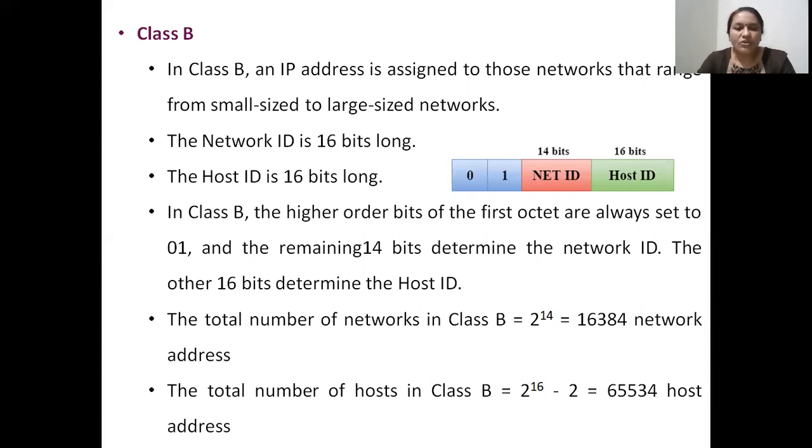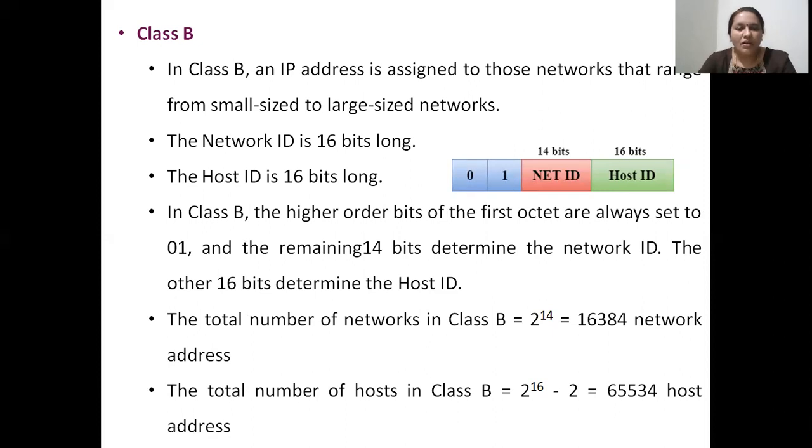So it can generate a total of 2 power 14, that is 16,384 unique network addresses in class B, and the total number of hosts which can be addressed in class B is 2 power 16 minus 2, which is 65,534 host addresses.